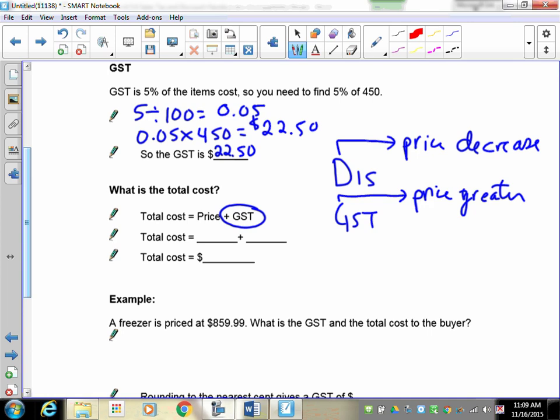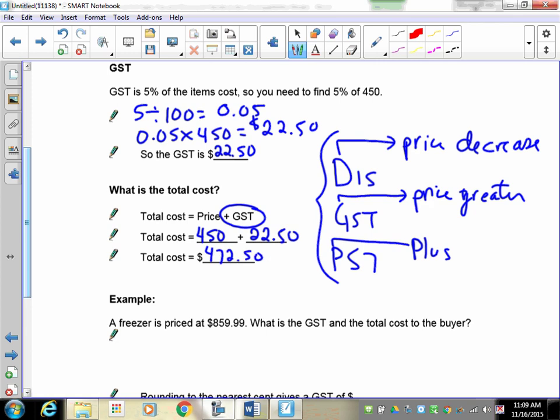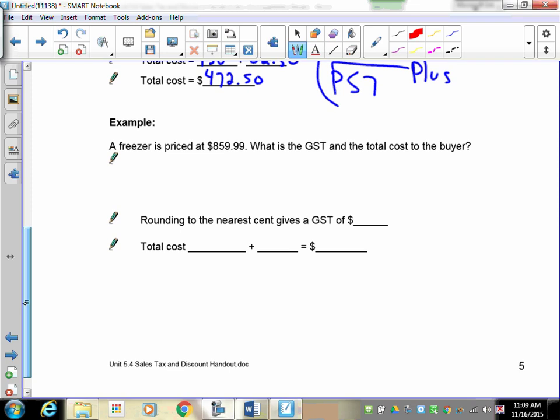Maybe that'll help you, okay? And for PST, I guess P could stand for plus, so you could use this as plus it on. But come up with your own way to remember how to do it. So the total cost is going to be the $450 for the price of the desk, plus the GST, which is $22.50. So when you go to the till and ask to buy this desk, they're going to charge you $472.50.